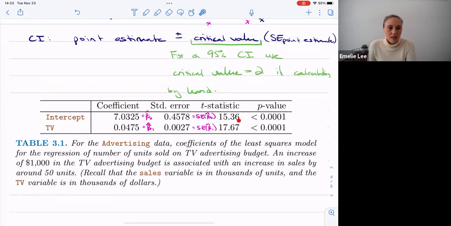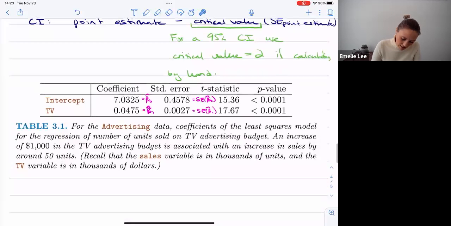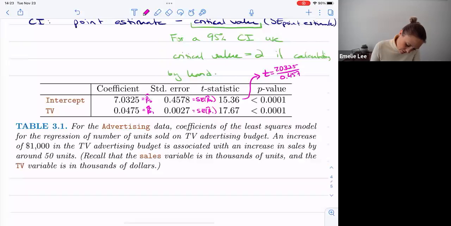If you take 7.0325 minus 0, you're just left with what you have, and then divide by the standard error, 0.4578, then I get T is 7.0325 divided by 0.4578.